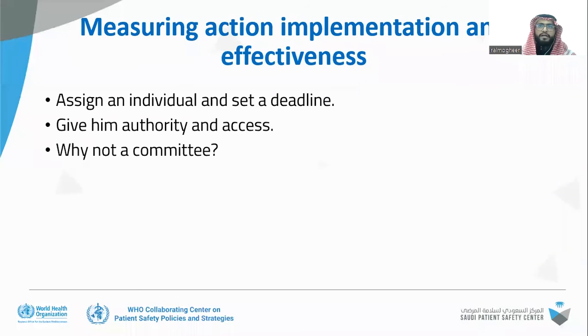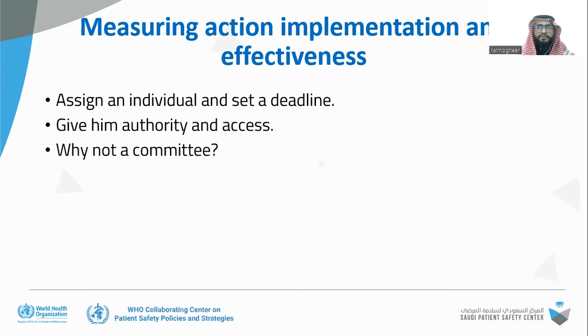So after we implement the actions as the above stated action hierarchy and examples, how do we measure its effectiveness or measure that we implemented this action? First of all, to ensure that actions are implemented, we have to assign an individual for each action.